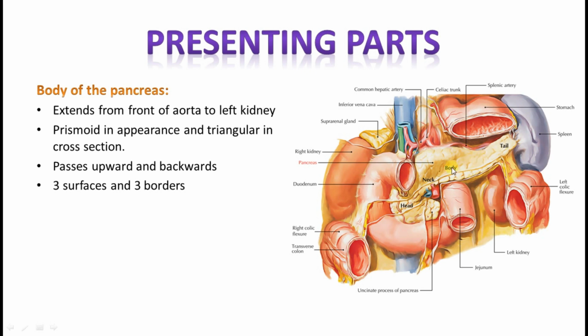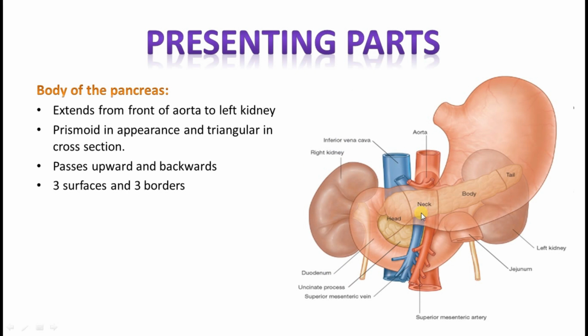Three surfaces, as I told you. The antero-superior surface is related to the posterior inferior wall of the stomach and separated from the stomach by the lesser sac. Between the stomach and the pancreas, the lesser sac intervenes.